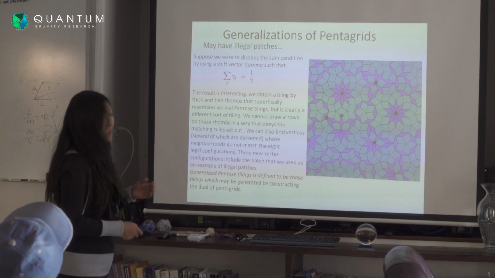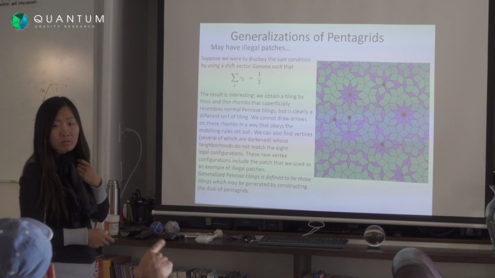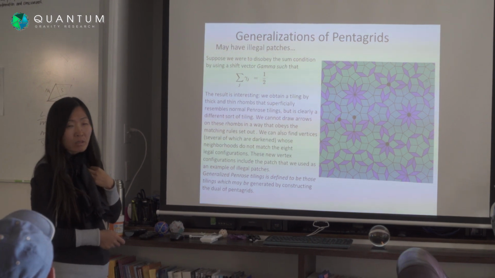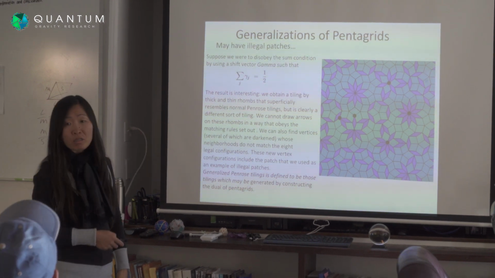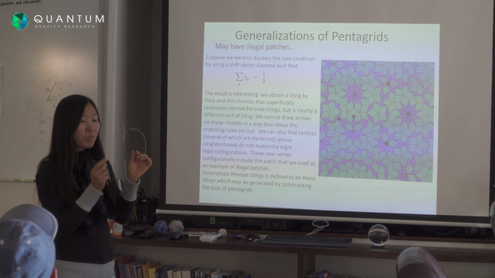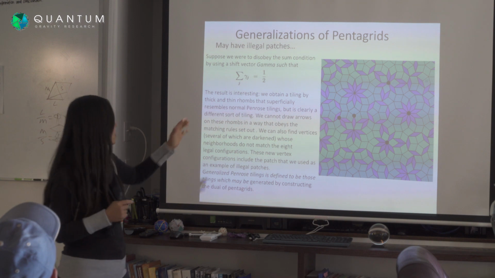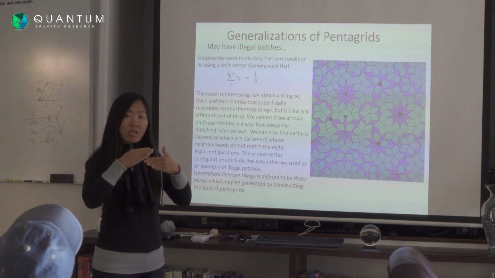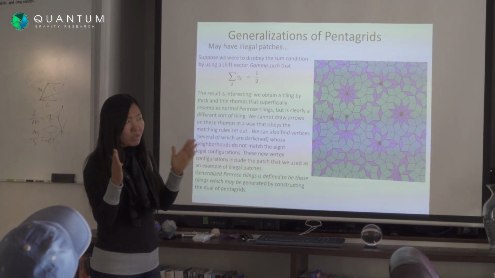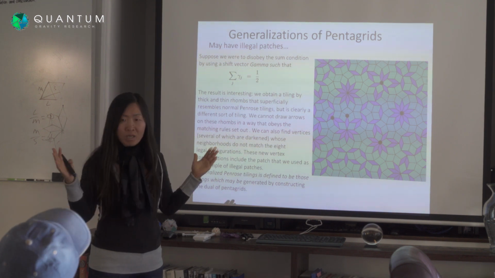Yeah. It might be found that you cannot generate this from a cut and project. Oh, this is generated from cut and project. You can get that, because from a cut and project you also have the shift vector, remember? And that shift vector is the same as this. If you add up the shift vector to be 1/2, it's something. If it's 0, it's something else.